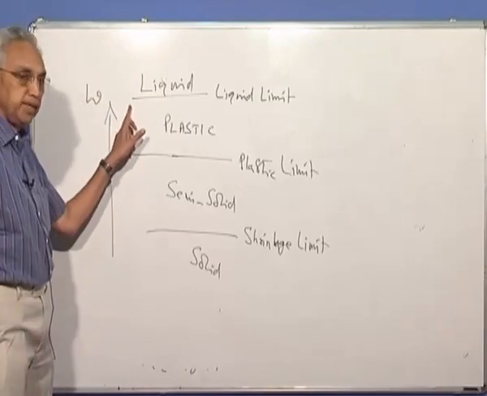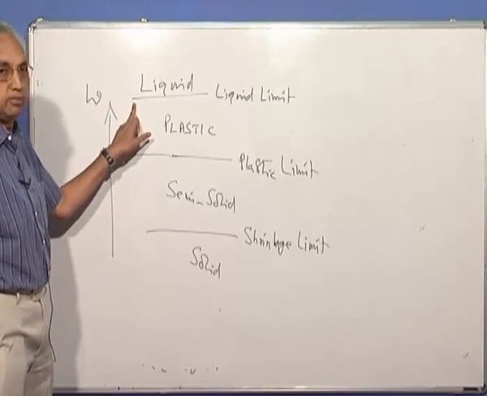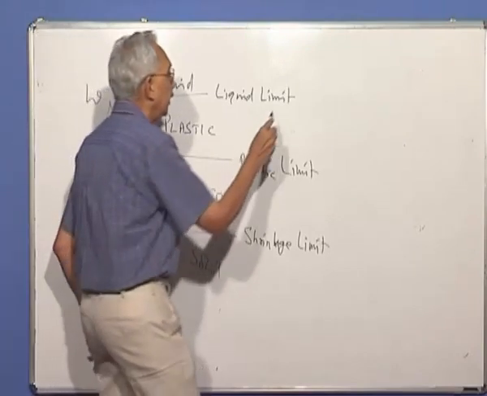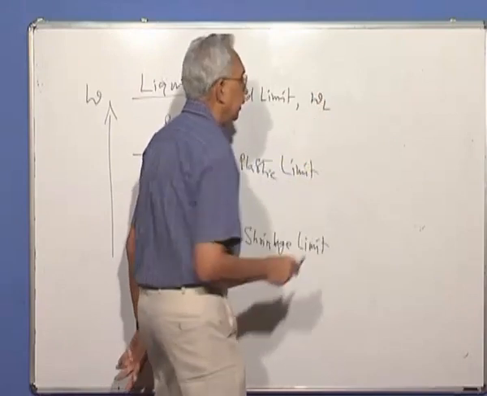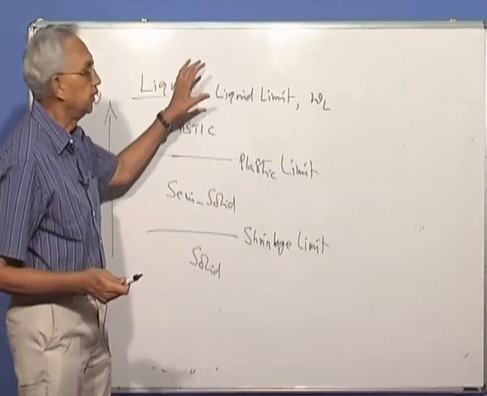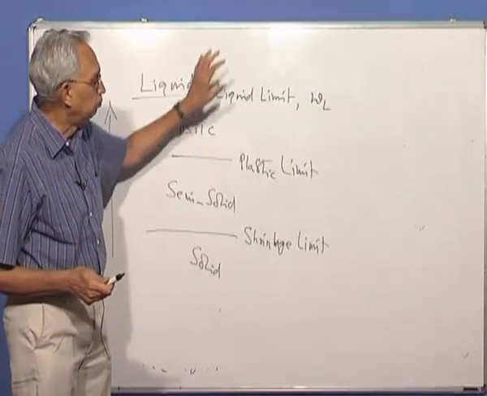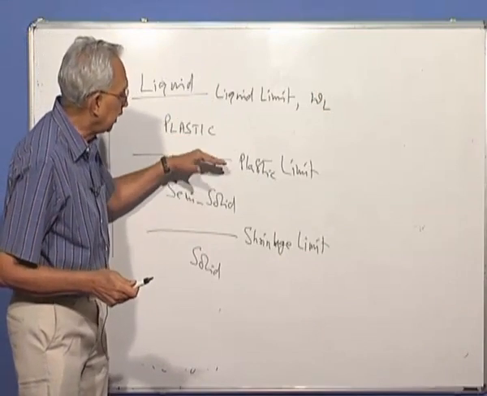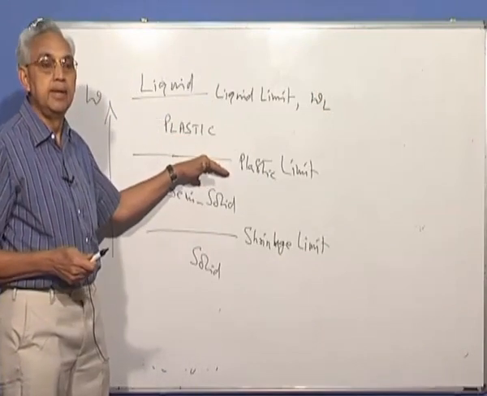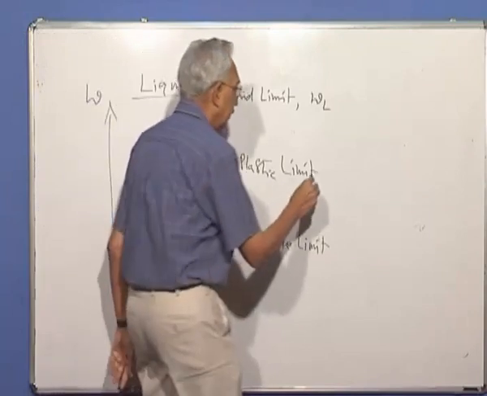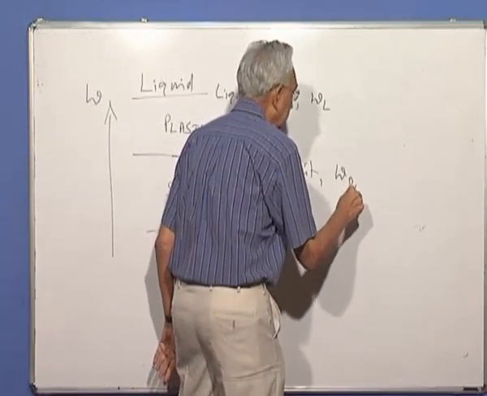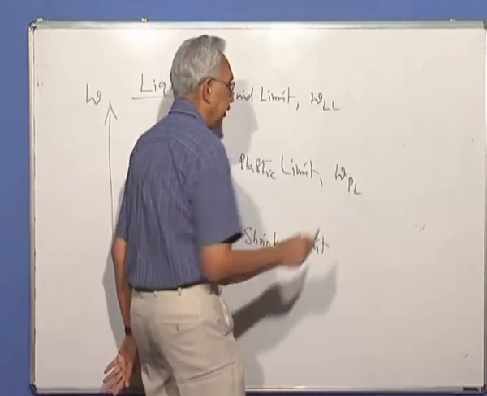If the water content increases, a certain limit is reached. Beyond that, if you add more water, the soil behaves like a liquid. If I now reduce it up to a certain limit, we call it the plastic limit. I can put liquid limit here.